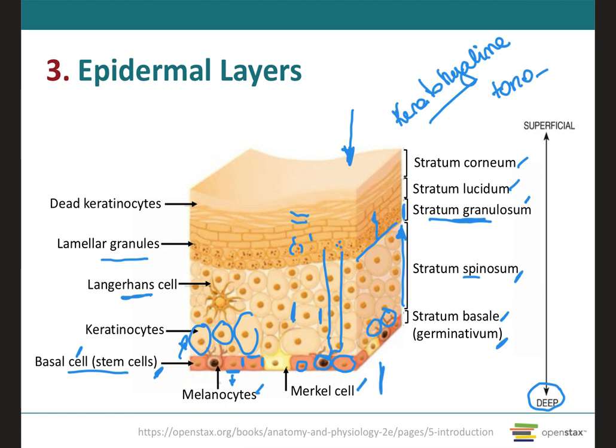Next, we have the stratum lucidum, which means clear, and this layer is only present in thick skin. So this represents the areas of the palms of your hands, the fingertips, and the soles of your feet. It is made up of 4 to 6 cell layers. These cells appear flat and clear, and they are actually dead keratinocytes.